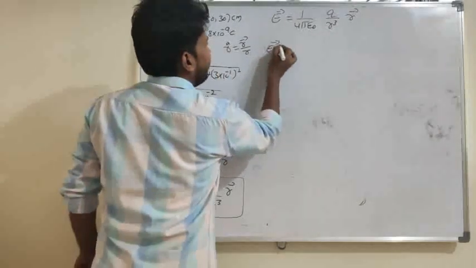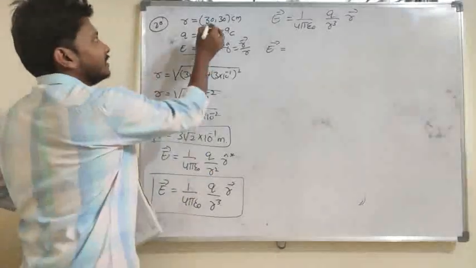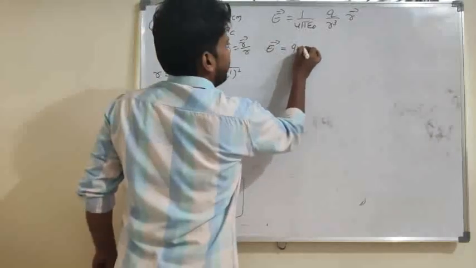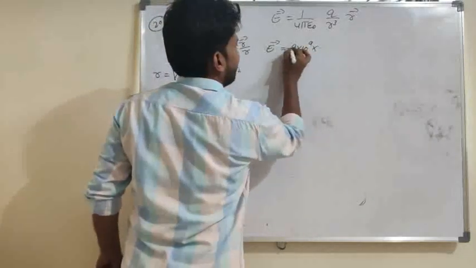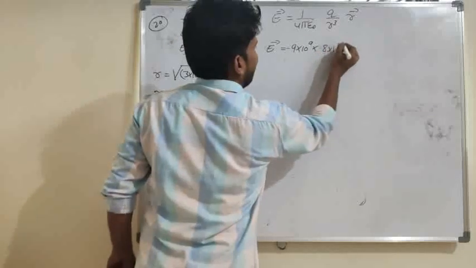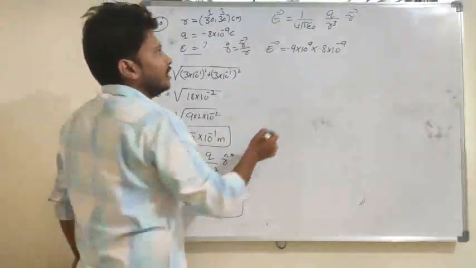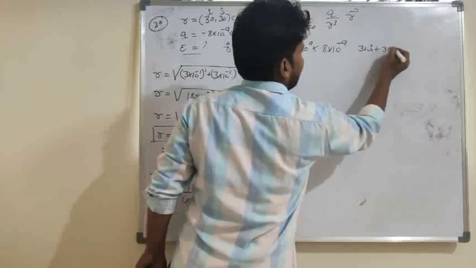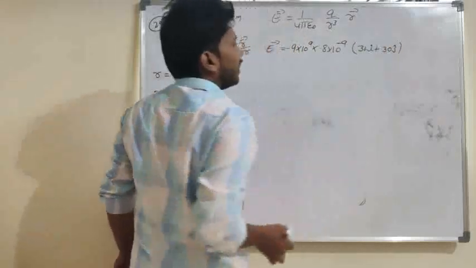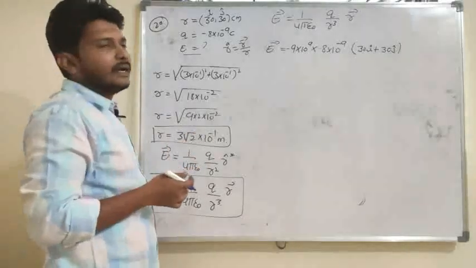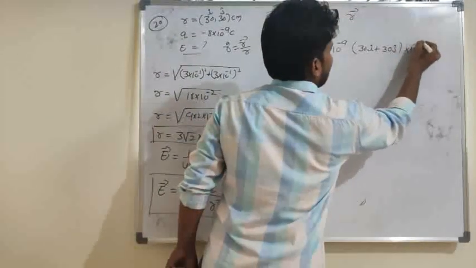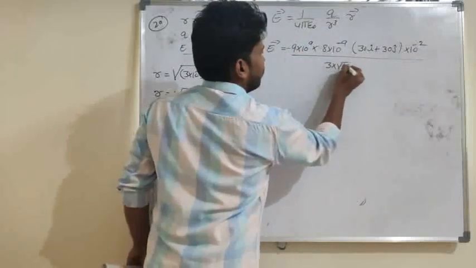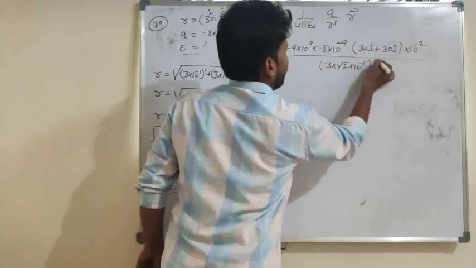So for example, E is equal to, I said this is along x-axis means i, along y-axis means j. So 9 into 10 to the power of 9, and minus of 8 direction, so minus 8 into 10 to the power of minus 9 here. So for vector R, shall I consider it as 30 i cap and 30 j cap here? So 30 i cap and 30 j cap, in centimeter means 10 to the power of minus 2 meter here, divided by 3 into root 2 into 10 to the power of minus 1 whole cube here.